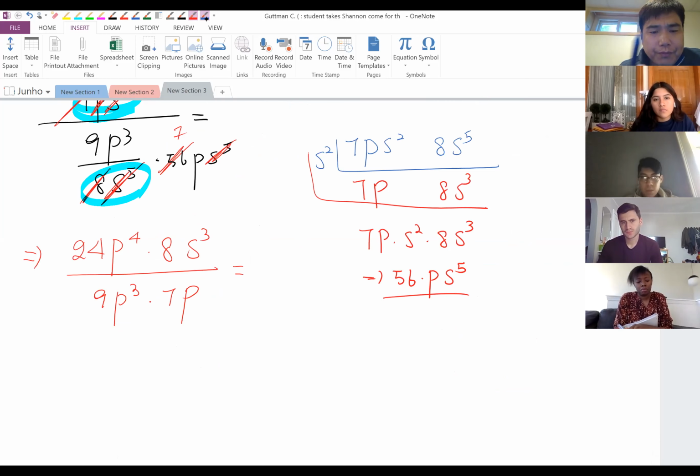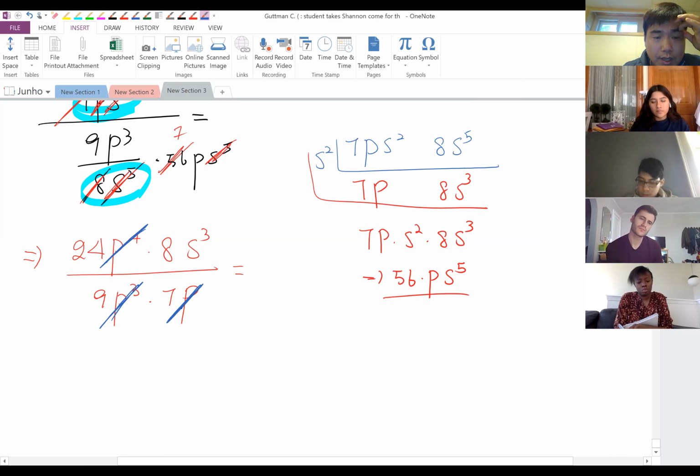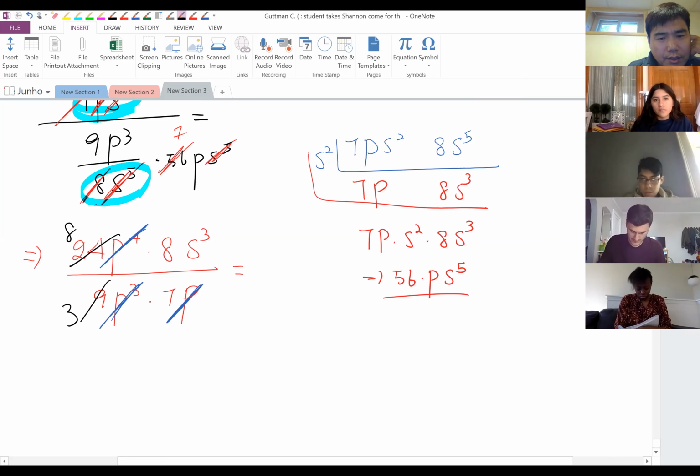So I'm going to simplify from here. I can see P4, P3, P is gone, and 24 and 9, can you find any common factor? I think 3 may be a common factor between 24 and 9, right? So 24 becomes 8.